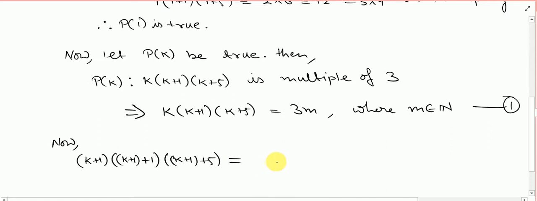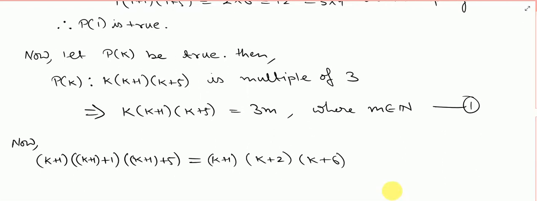Now we will simplify and try to make use of equation 1. So we get k plus 2 and k plus 6. We want k plus 1, k plus 5 so that I can put 3m. Here k plus 5 is not there, but it can be obtained from k plus 6.